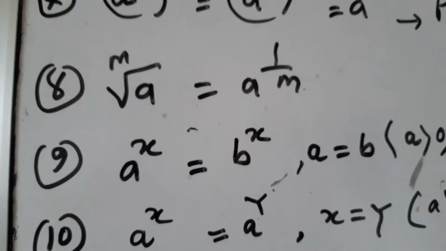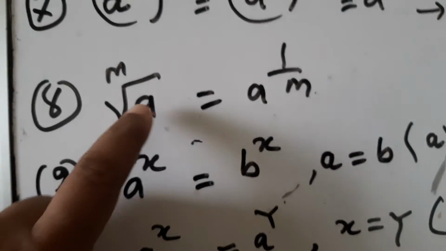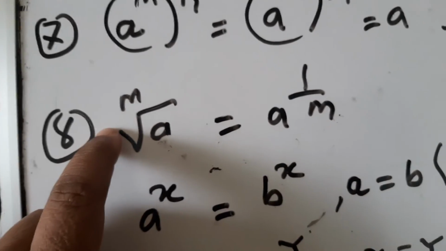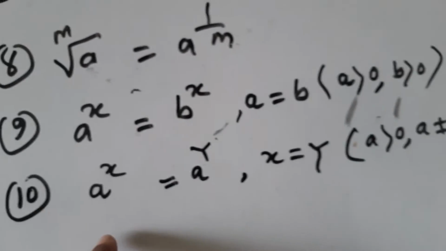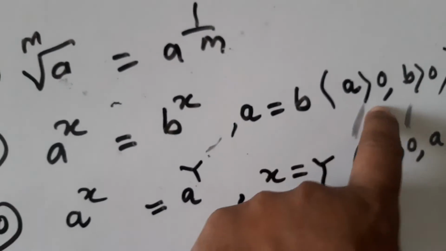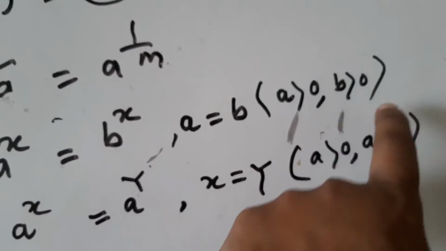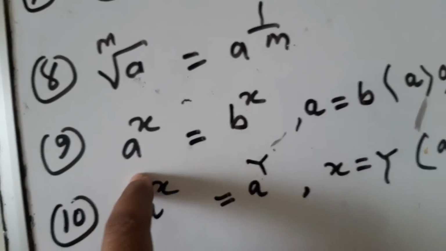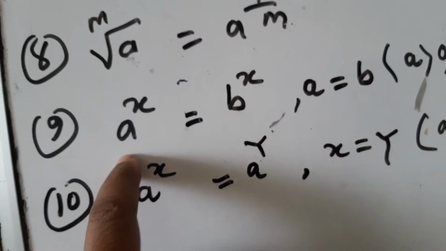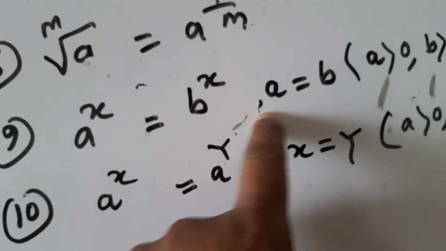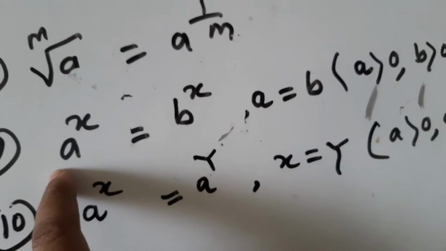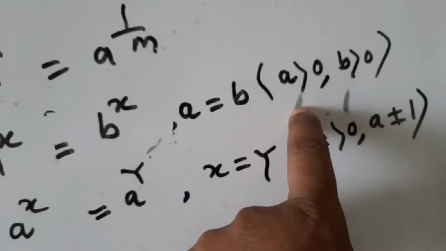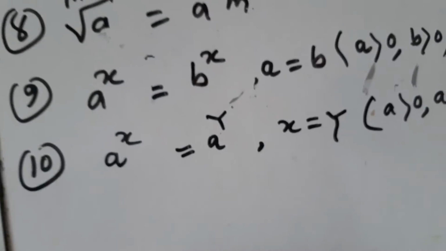Here the root over, we know a to the power root over m is equal to a to the power 1 by m. And if a is greater than 0, if the powers are same, we can say the bases are also equal. So a to the power x is equal to b to the power x, so we can say a is equal to b because the powers are same.